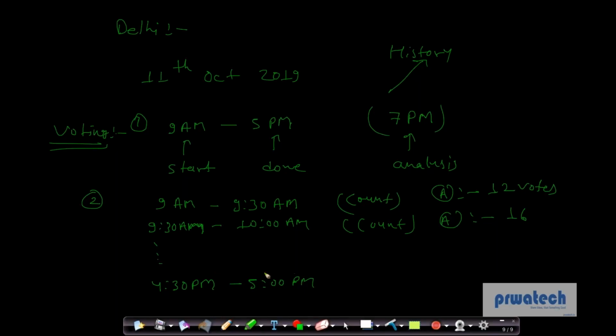So by the time this event gets completed, 5 p.m., I get to know how many people have voted for party A, how many for B, how many for C. If people have voted 112 votes for A, 30,000 for B, and 24,600 for C, I know at 5 p.m. immediately who the winner is. Party B is the winner of the Delhi Assembly election.